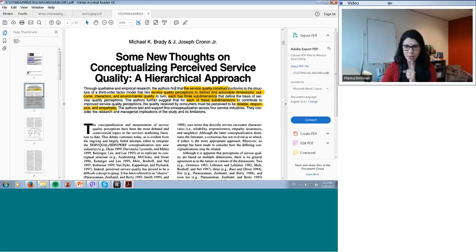And in this paper, they report 3 dimensions of service quality perception: the outcome, interaction, and environmental quality.